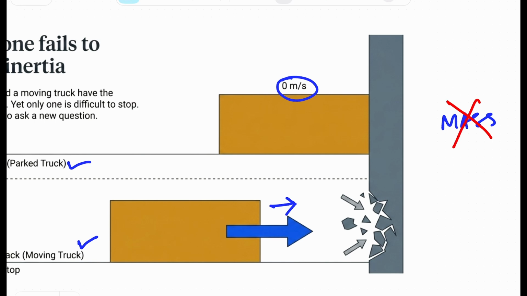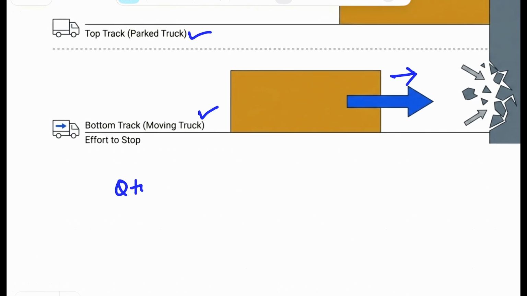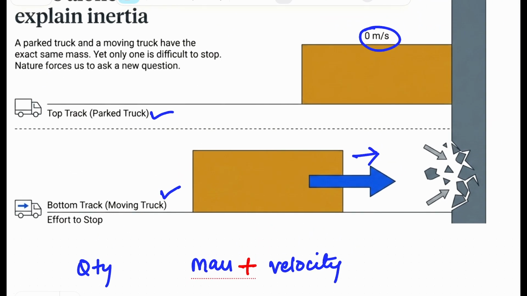Here nature is forcing us to ask a new question. What single quantity becomes larger when either mass or velocity increases? It cannot be addition of these two quantities, since if that was the case, then when velocity is 0, the amount of motion is clearly large in the first case.